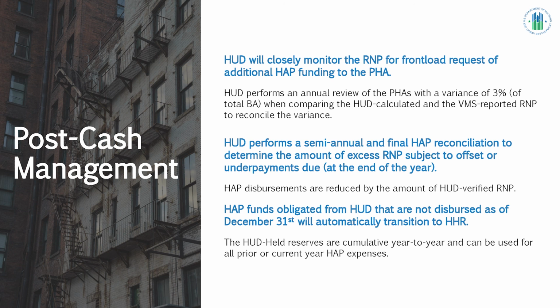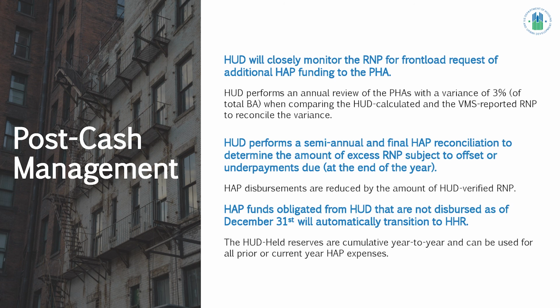HUD performs a semi-annual and a final HAP reconciliation to determine the amount of excess restricted net position subject to offset or underpayments due at the end of the calendar year. HAP disbursements are reduced by the amount of HUD verified RMP.